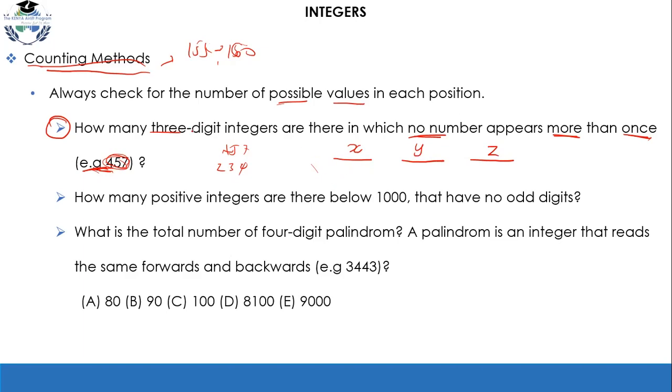So the 3-digit integer is xyz. For the first position, x, how many values can go into x? You can only pick from 0 to 9, right? It has to be one digit.